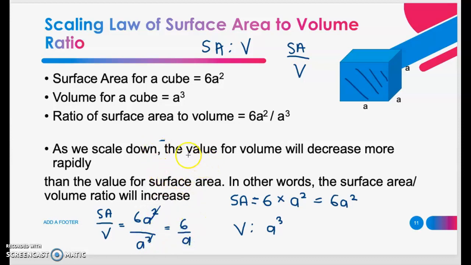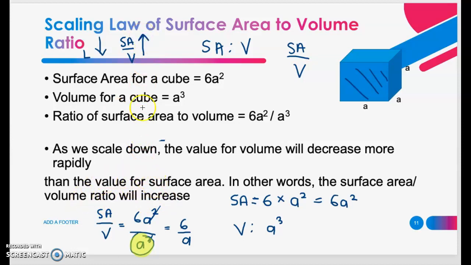So as we scale down, the volume, because it's a cube, right, will decrease rapidly compared to the surface area. In other words, as we scale down and the length decreases, the surface area over volume will also increase.